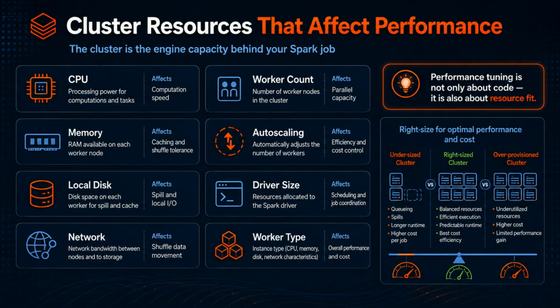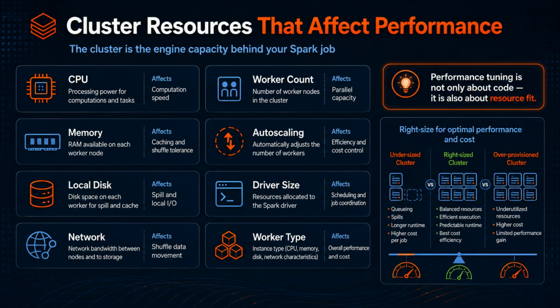Spark performance is not only about code, it is also about cluster resources. CPU affects computation speed. Memory affects caching, joins, aggregations, and shuffle tolerance. Local disk matters when Spark spills data or uses local storage during execution. Network matters because shuffle moves data between nodes, and poor network performance can make large joins and aggregations slower.